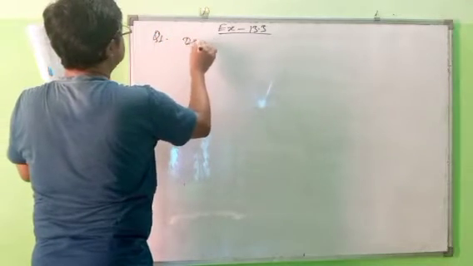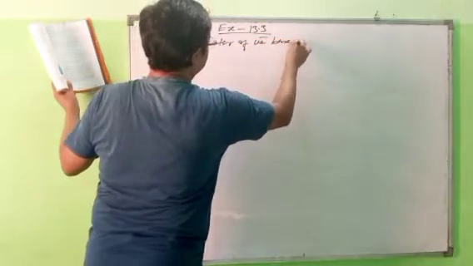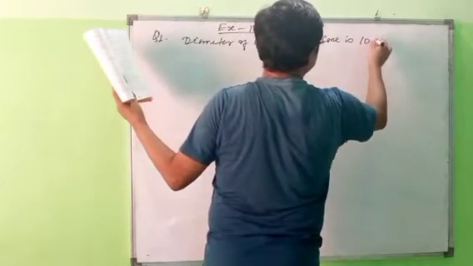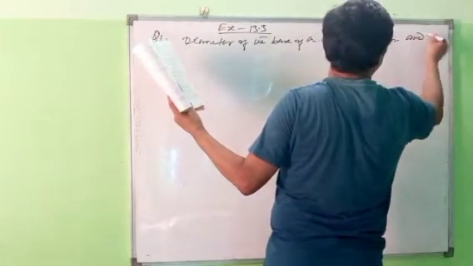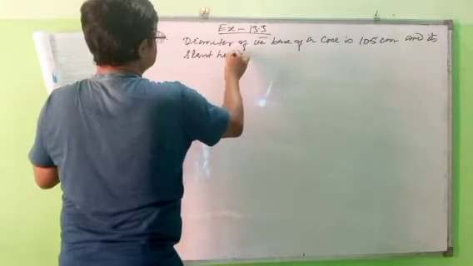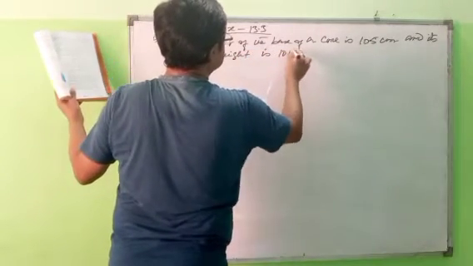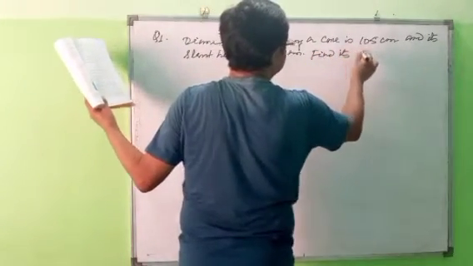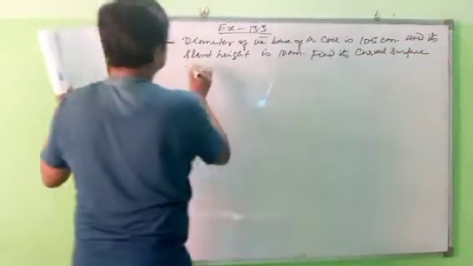Here the diameter of the base of a cone is 10.5 centimeter, and its slant height is 10 centimeter. Find its curved surface area.